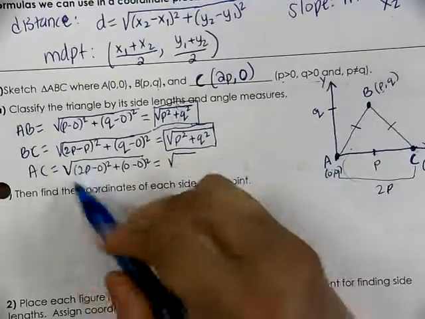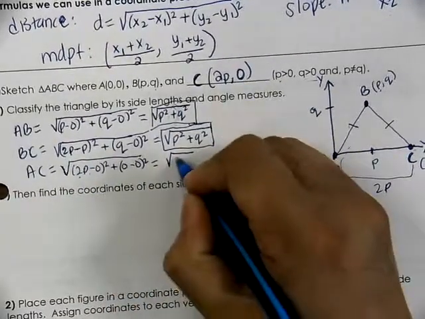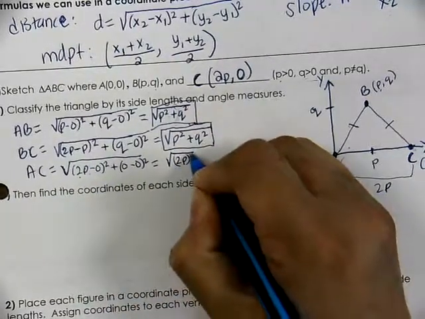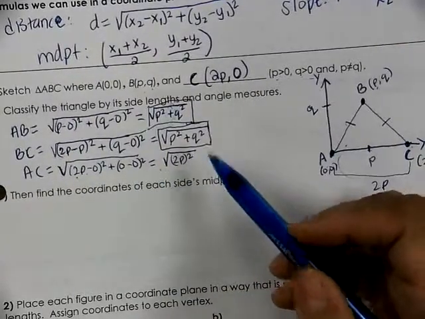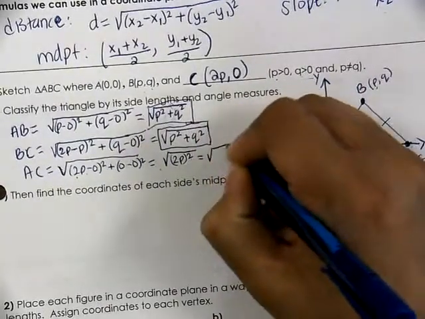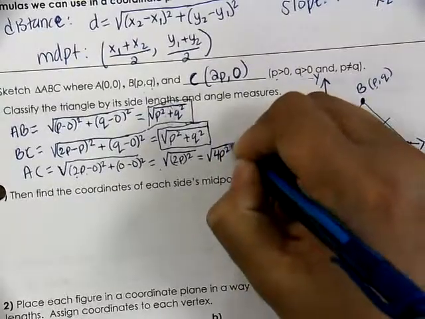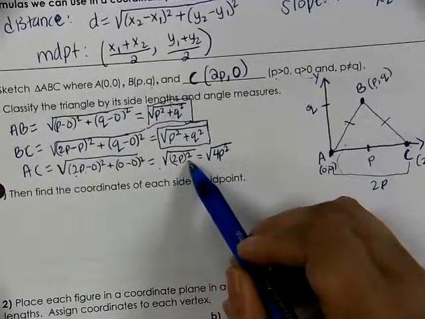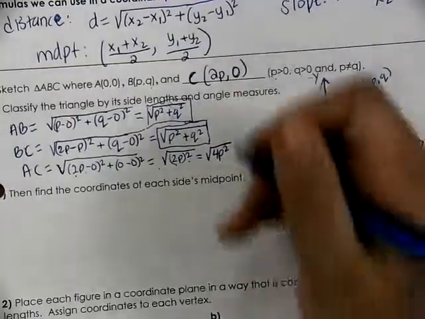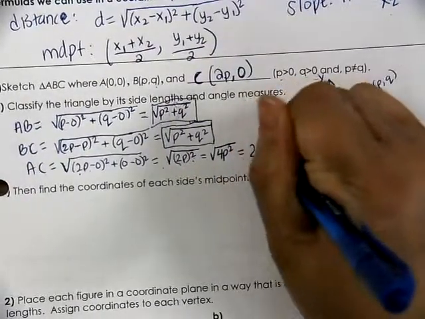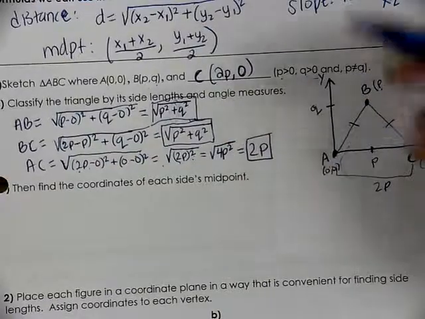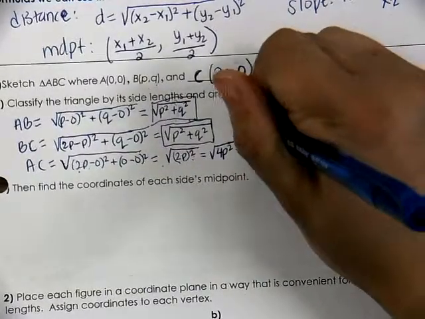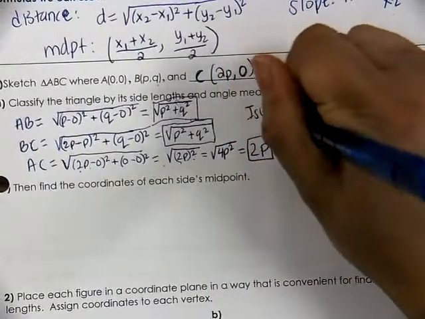So this would be 2p in parentheses squared. When you see a square root and a squared, you can technically just cancel it out, or you could simplify this further and write 4p squared, because that's what 2 squared and p squared is. And then you write it as 2p. So two sides the same, one is different. So this is an isosceles triangle.